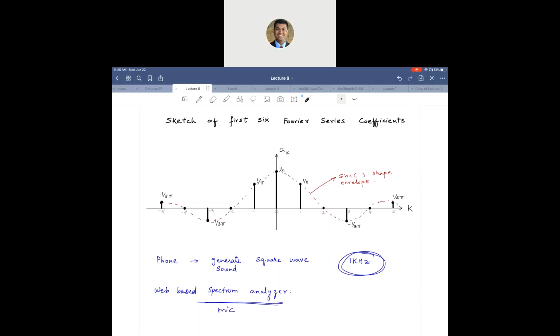All right. So one thing to note here, this is a sinc shape envelope, and the DC term is the highest in terms of its strength, and as you go away from the DC term, the magnitude of that harmonic goes smaller and smaller.